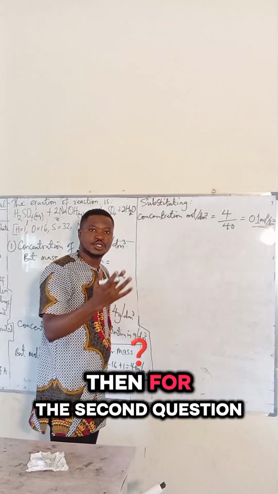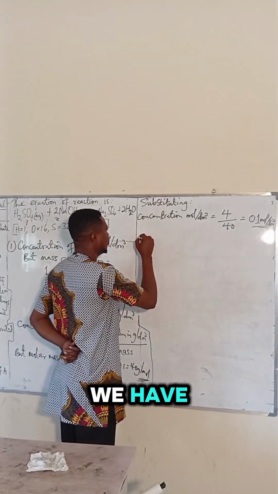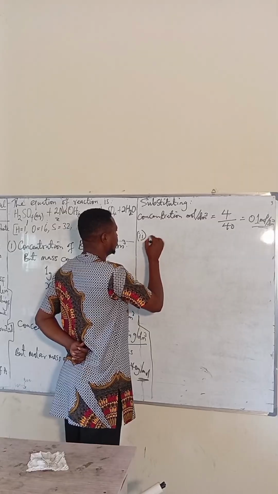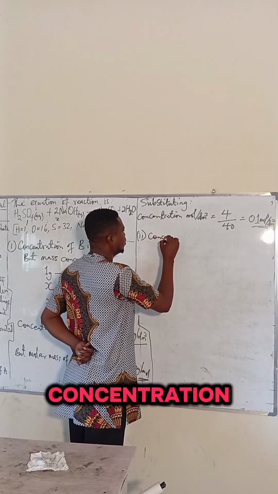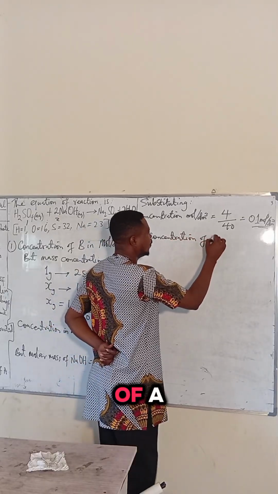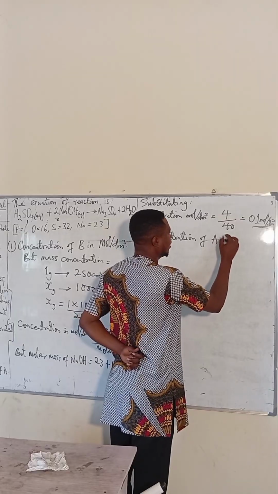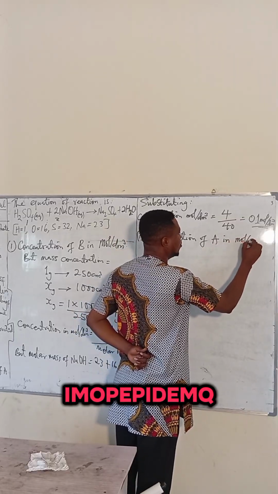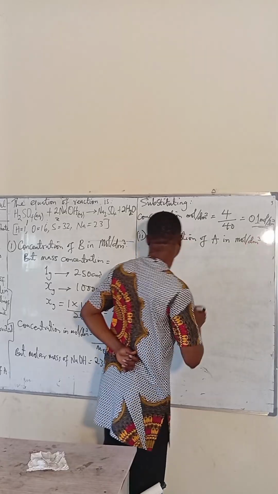Then for the second question, we have concentration of A in mole per dm cube.